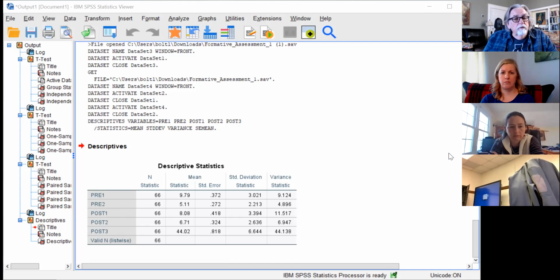But if you ask for frequencies, it can provide frequencies. So sometimes instead of looking at descriptive statistics like this for numeric data, if you're dealing with alphanumeric data, you can use frequencies to give you the distribution and numbers of occurrences of different things.